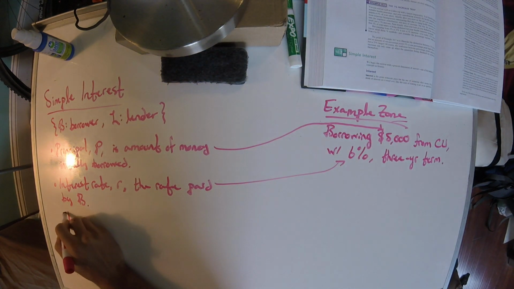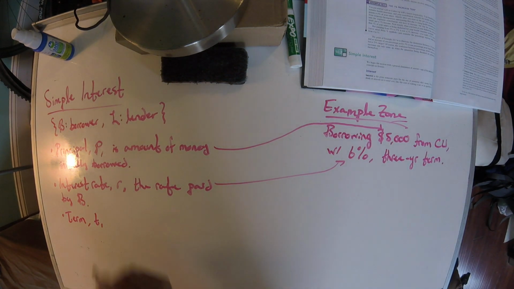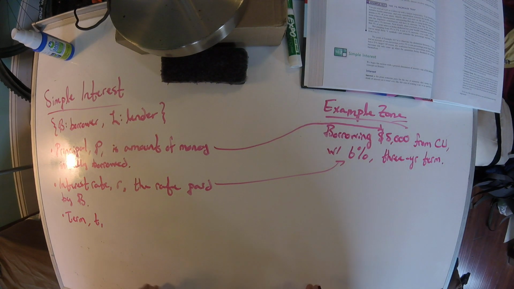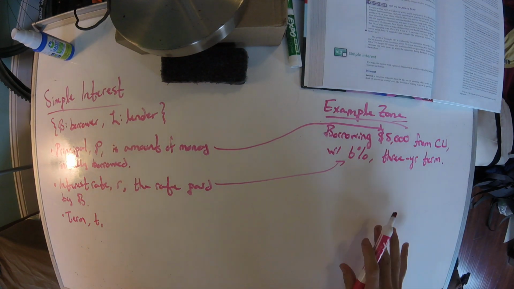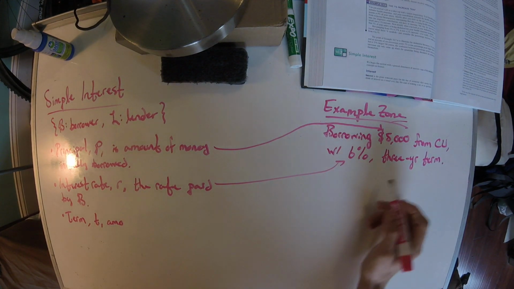And term. The term T is the amount of time before the loan has to be paid off. So this is that 3-year term.